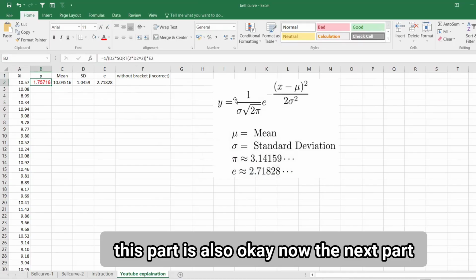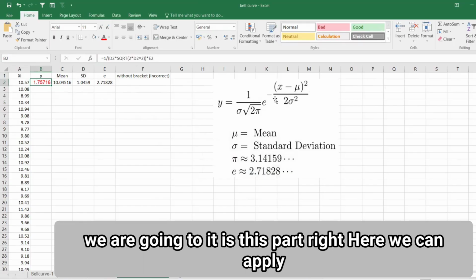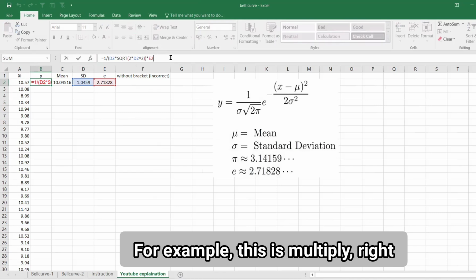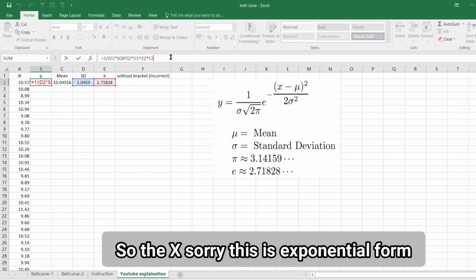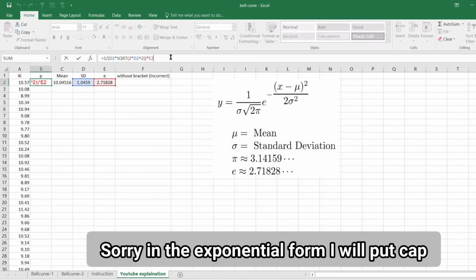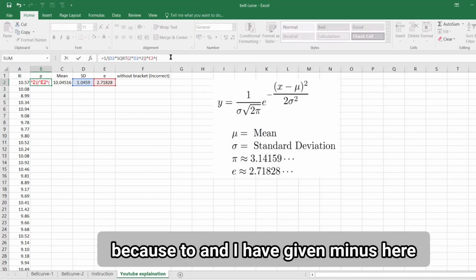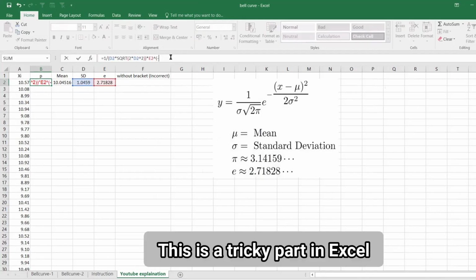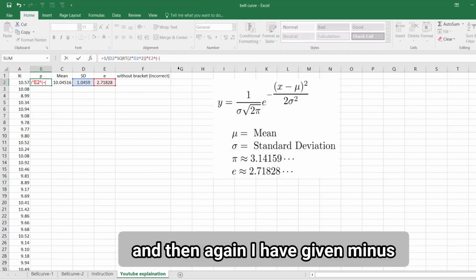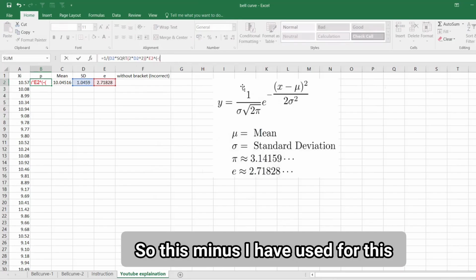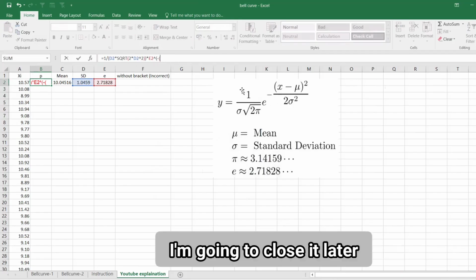Now the next part we are going to do is this part. Here, for example, this is multiply. So this is the exponential form, sorry. In the exponential form, I will put the cap, and here I have applied minus. This is the tricky part in Excel. And then again I have given minus, so this minus I have used for this. I'm going to close it later.